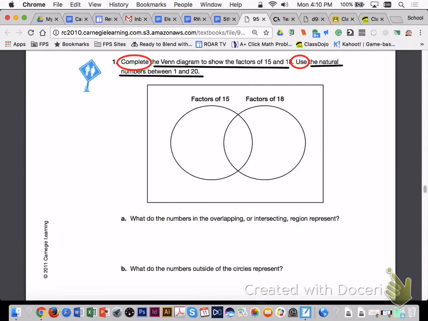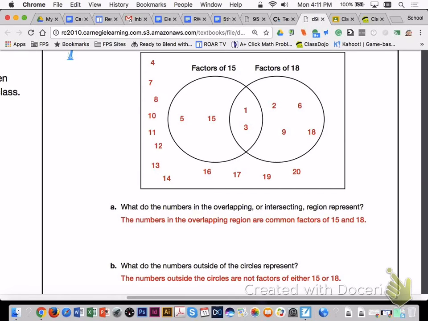Please turn to page 27, answer number 1, letters A and B with your group. For number 1, here is what your Venn diagram should look like when it is completed for the factors of 15 and factors of 18. Please make sure to check over all of the numbers 1 through 20 and make sure that they are in the right spots.